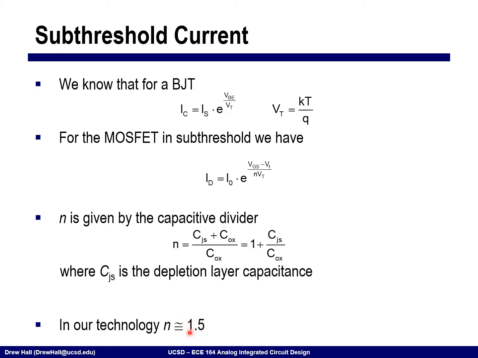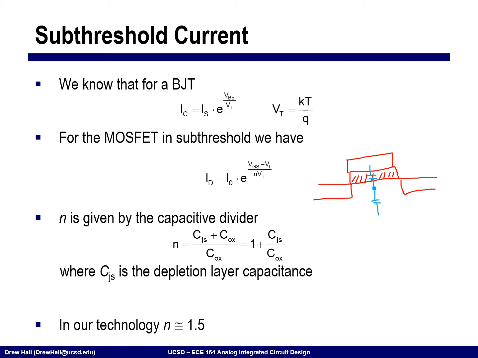Okay, and so recall that if we have a transistor, that's our oxide. We get one capacitor that's formed here, okay? And then we also get a depletion capacitor that's formed down here that on this side we're calling CJS.